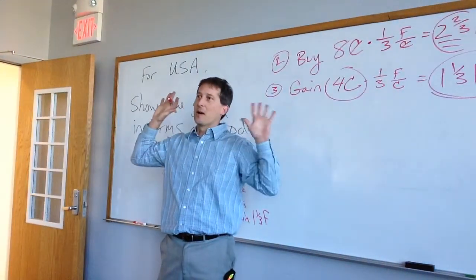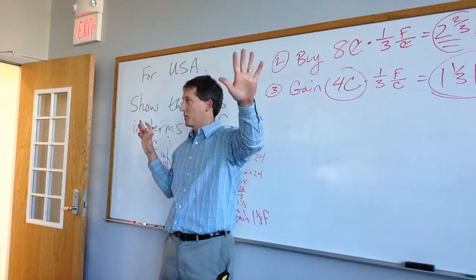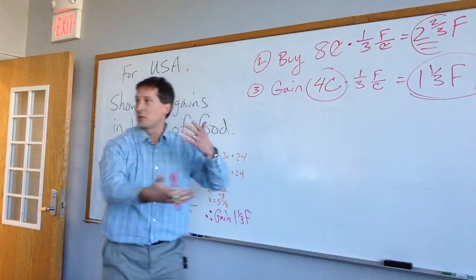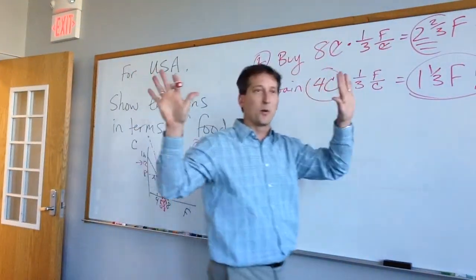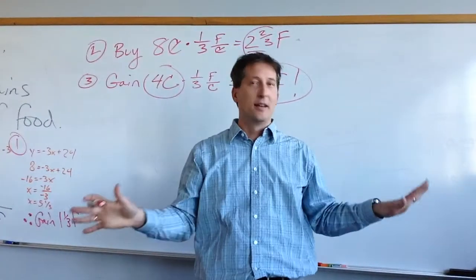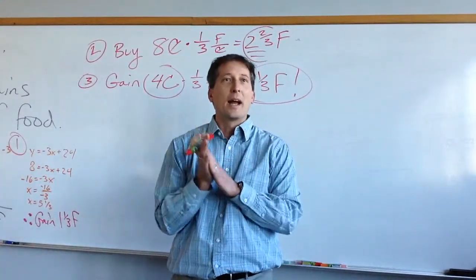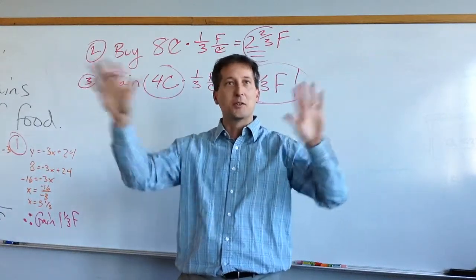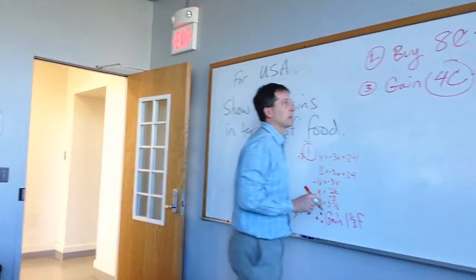Globally, the amount of imports must equal the amount of exports, right? What I sold to you as an export must be what you bought from me as an import. Imports must equal exports. In the grand scheme of things, it's just accounting 101. If you go take Professor Wagner's class, debits equal credits type of thing. What I sold to you is what you bought from me. So we've got imports equal exports.